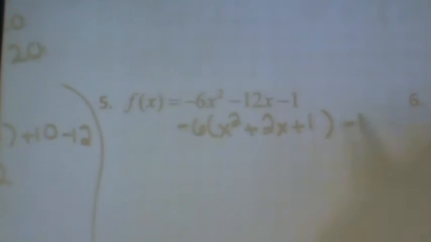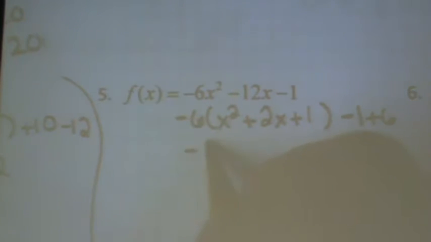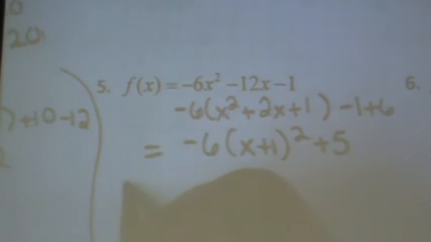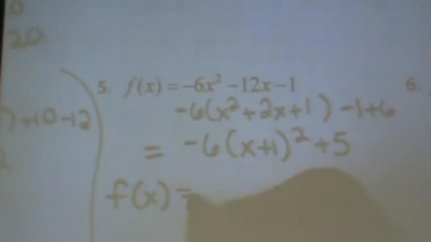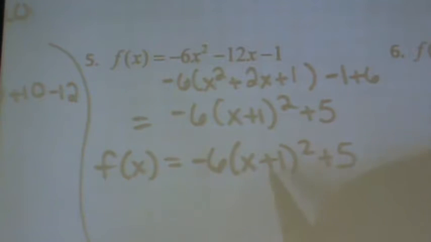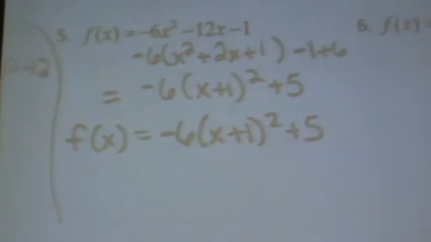Really, you added -6, so you're going to add a positive 6 here. You do the opposite. -6 plus 6 is 0. Factor, and you are done. So f of x is equal to -6 times x plus 1 squared, and then plus 5. So your axis of symmetry is x equals -1, and -1, 5 is your vertex.